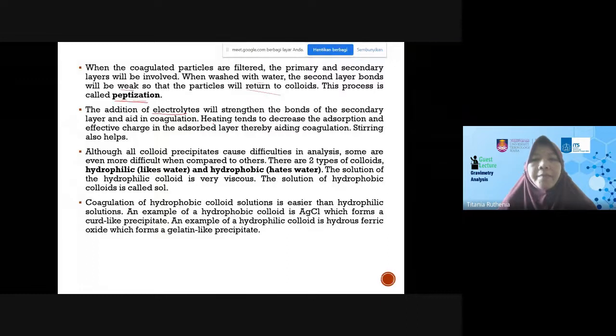And heating tends to decrease the adsorption and effective charge in the adsorbed layer, thereby it will aid the coagulation. And stirring also helps. So heating and stirring will help the formation of coagulation.